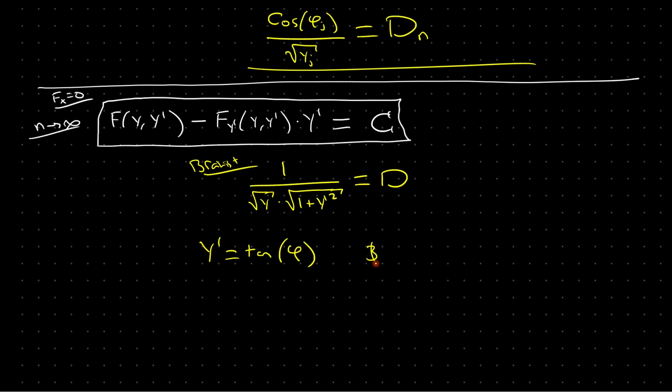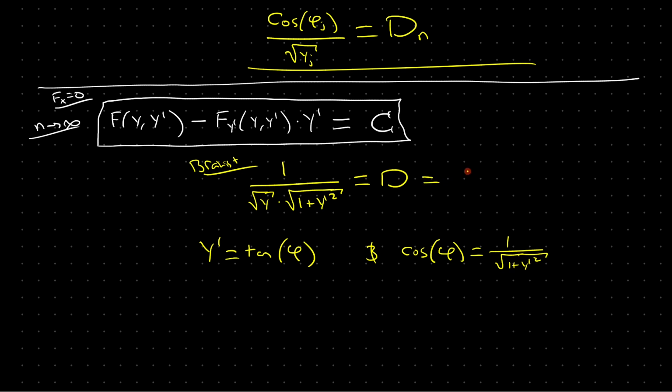Specifically, this means that 1 over the square root of 1 plus y prime squared is going to be cosine of this angle phi. So cosine of phi is equal to 1 over the square root of 1 plus y prime squared.